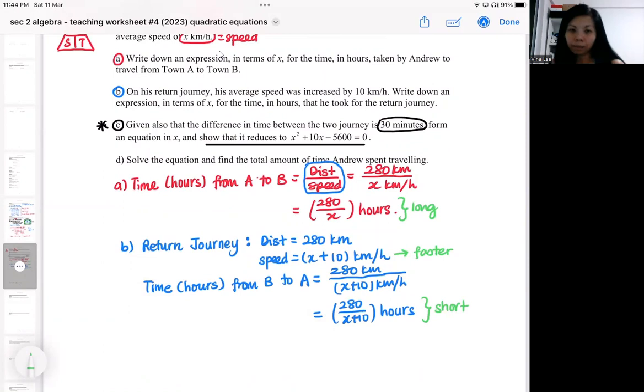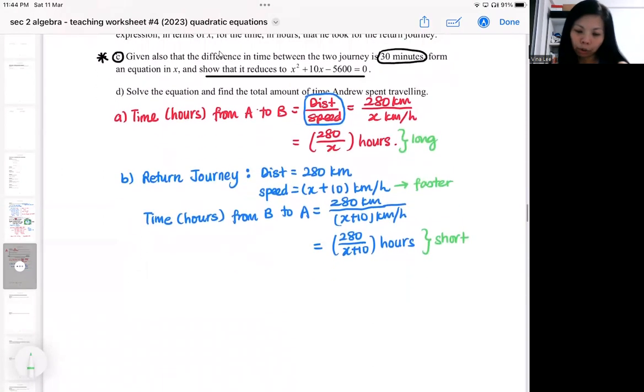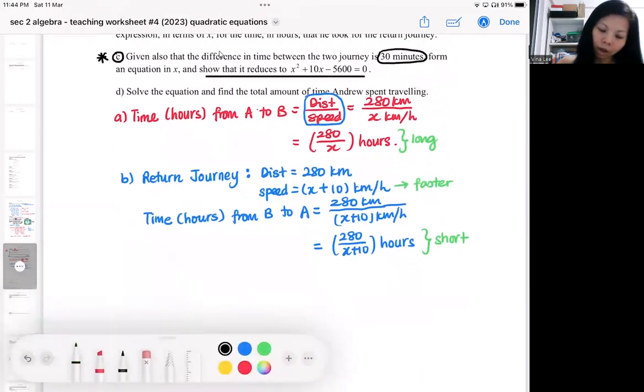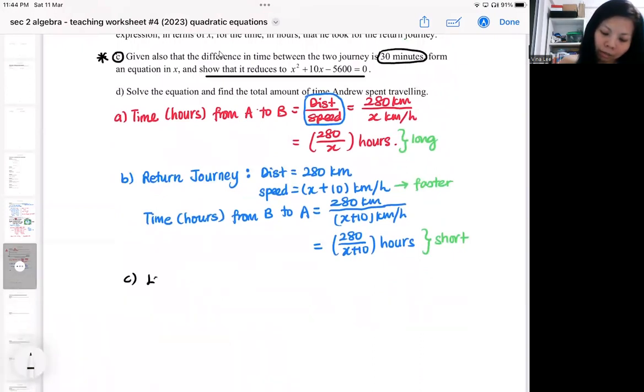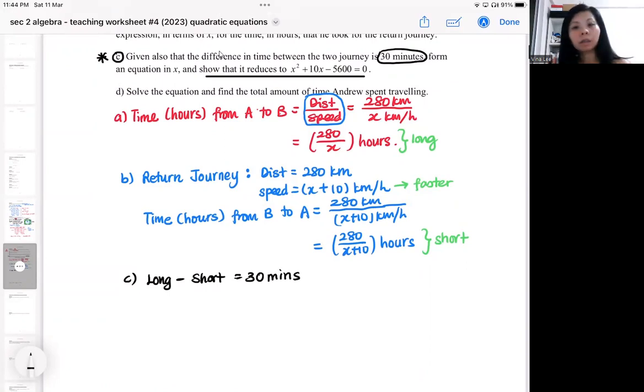So in order to show the equation, I should take the longer timing minus the shorter timing. The longer journey is A to B. The shorter journey will be B to A. It takes a shorter amount of time because the speed is faster. So we will need to do this.